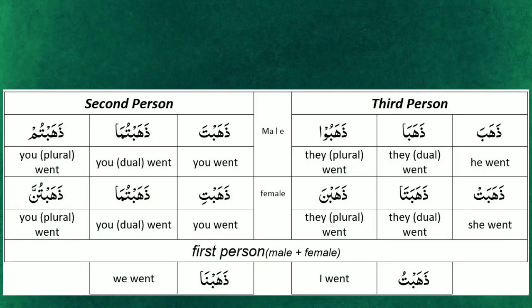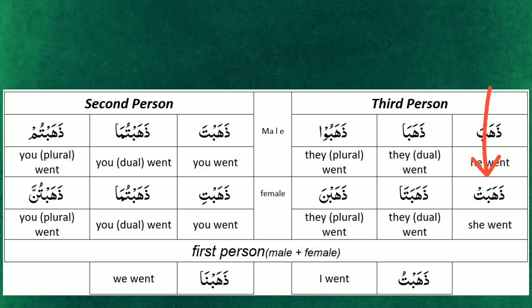So the first word is Zahaba. Zahaba means he went, and second is Zahabā with alif at the end. It means they two male went. The third one is Zahabu. Zahabu means they all male went, they plural male went. Next is Zahabat.